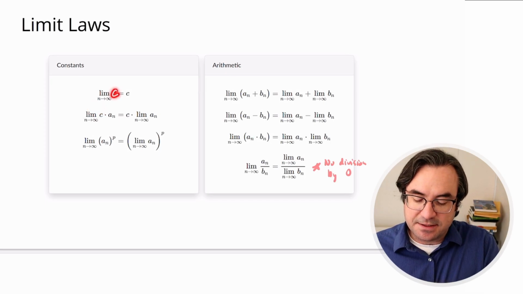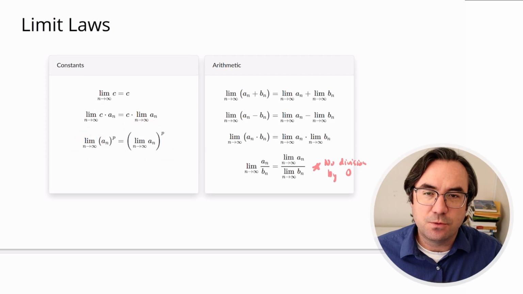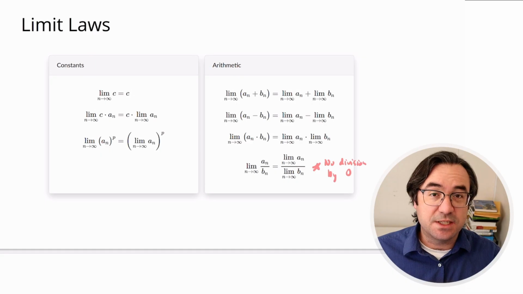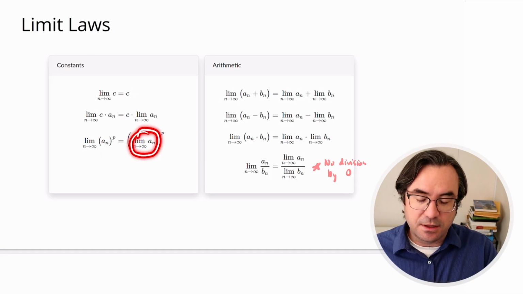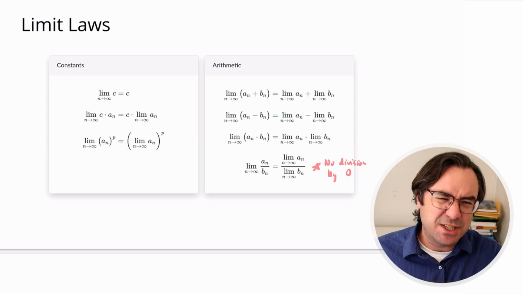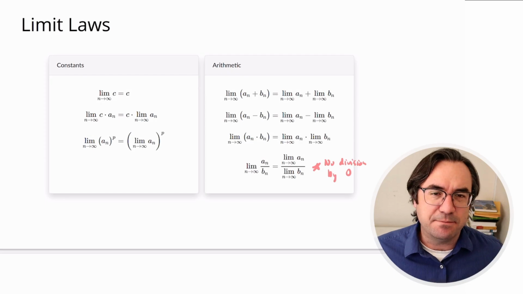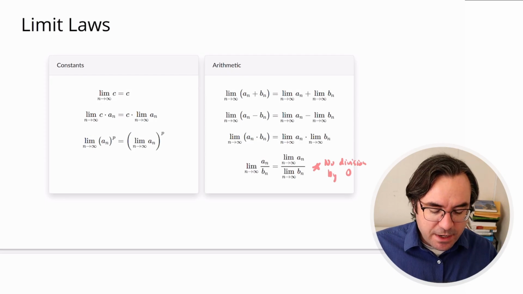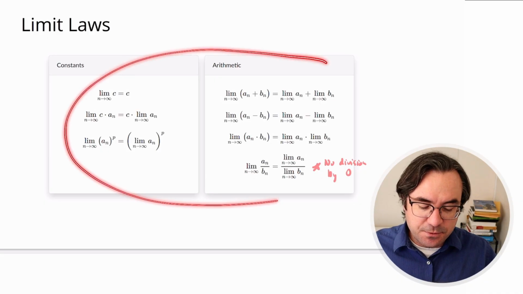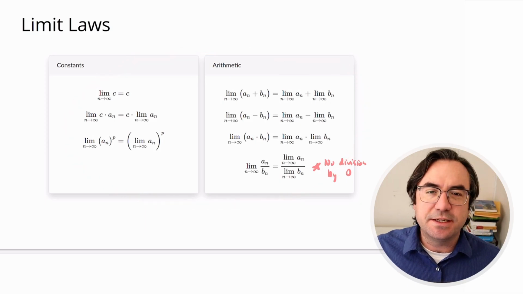The limit of a constant is the constant, and we have this power rule. If we're raising every term in our sequence to the same power, we can really just look at the limit of the stuff inside that power. This one also, sometimes you have to be a little careful if your exponent is like a square root or something like that. But the main one here is division by 0. All right, so these limit laws we just want to keep in mind. These are things we've seen since Calc 1, just with a slightly different spin on them.